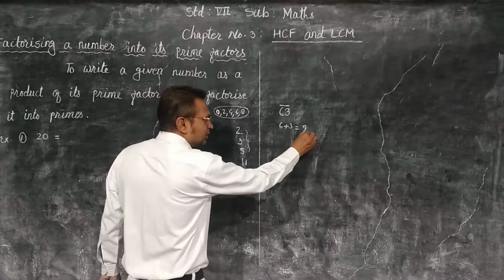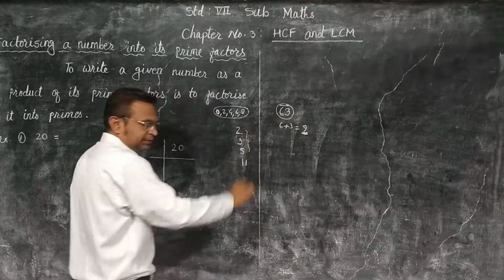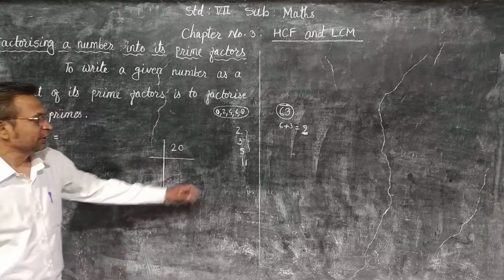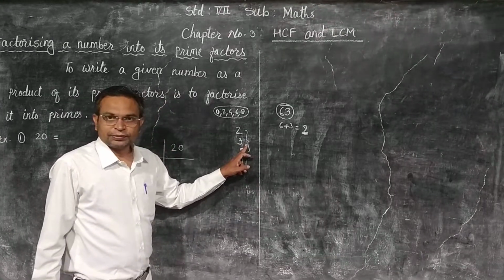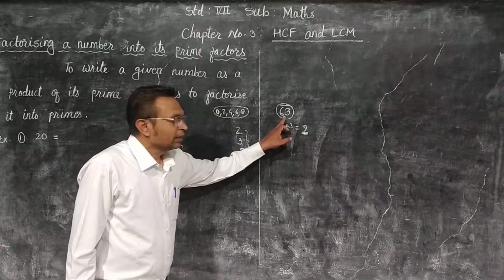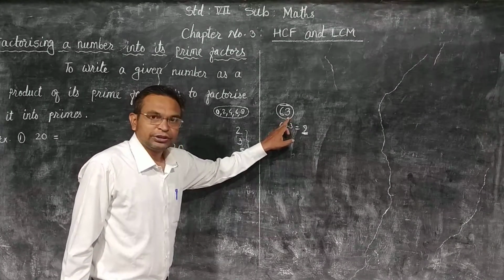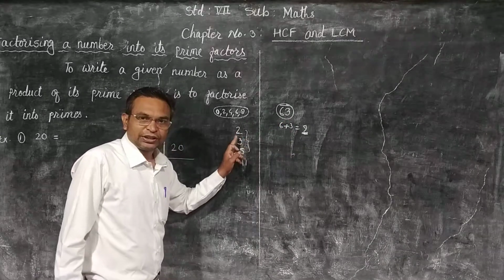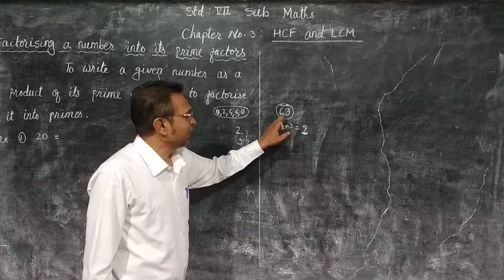It means it comes in the table of 3, and therefore 63 is divisible by 3. This is the test of divisibility by 3. Are you getting it? If the sum of the digits is a multiple of 3, then that number is divisible by 3.